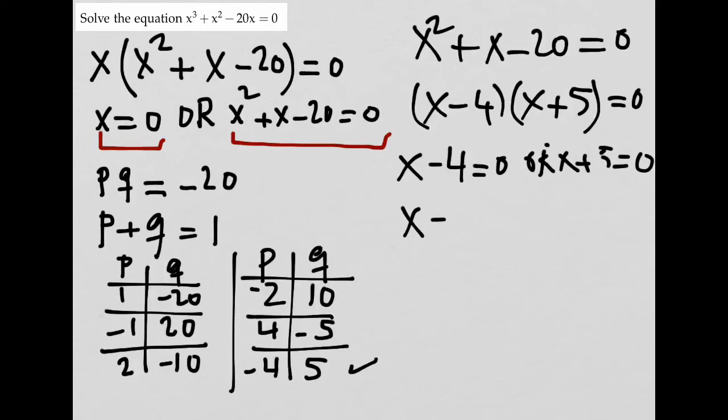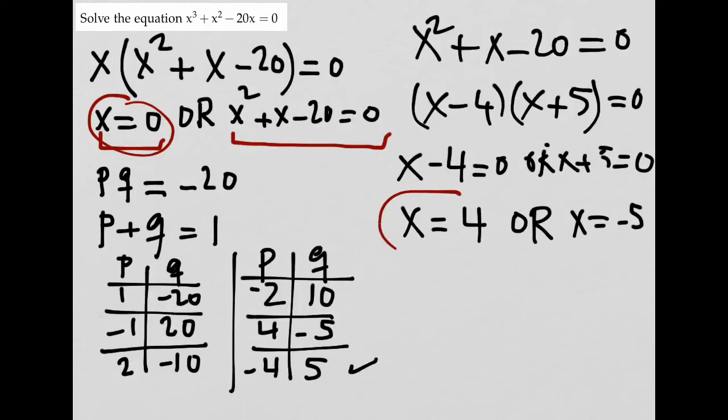And that means x is 4, or x is negative 5. So this equation has three solutions: x equals 0, or x equals 4, or x equals negative 5.